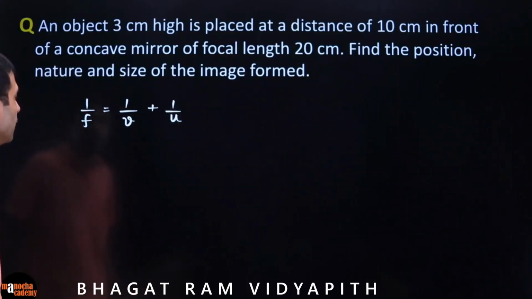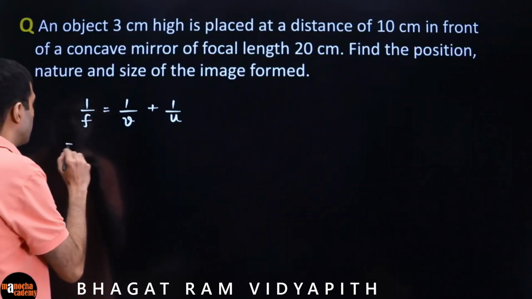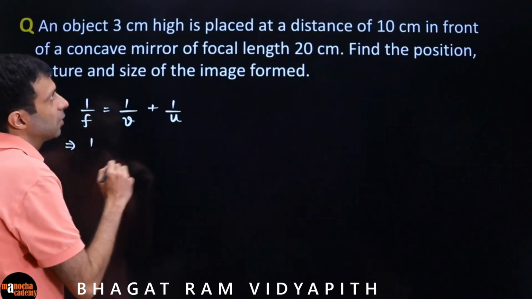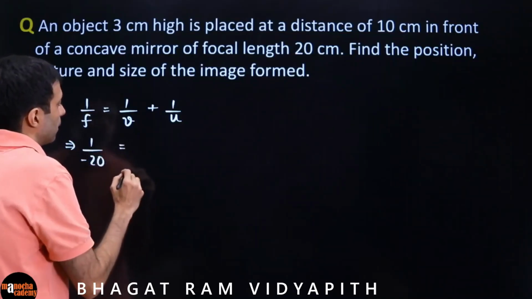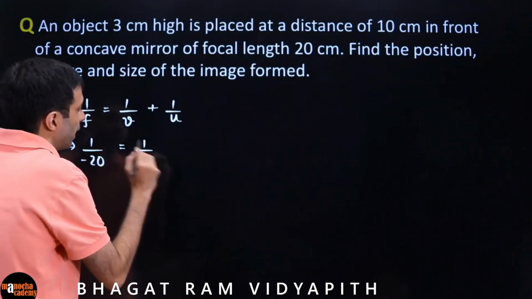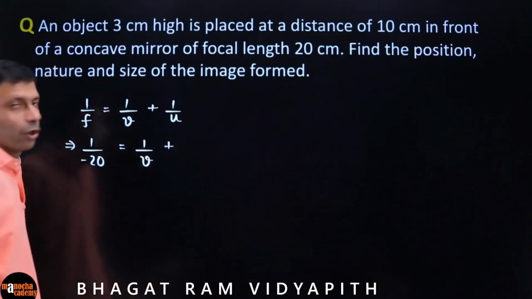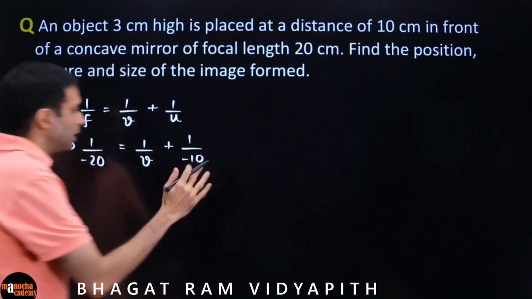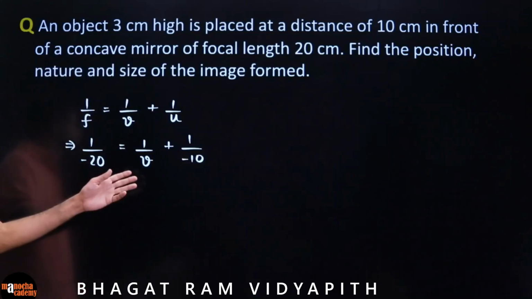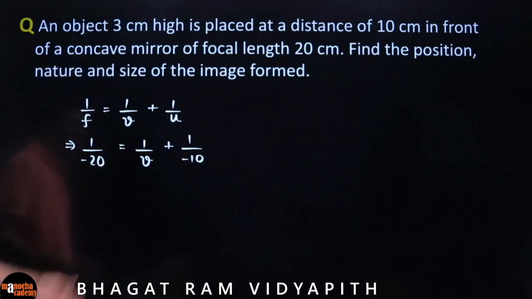Focal length, we saw, was on the negative x-axis. So focal length was minus 20. The image distance we need to find, so that's our unknown. And object distance, remember, we took it as minus 10. You just have to solve this equation for V. So please go ahead and do that.